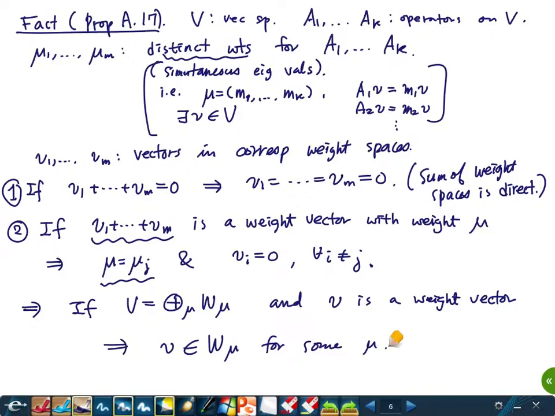So a weight vector cannot be obtained by adding two different weight vectors. It must be only from one component. That's vector space fact 2. So we will use this. We have already used this, but this will be used later.